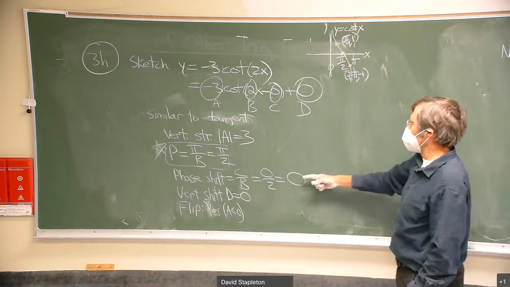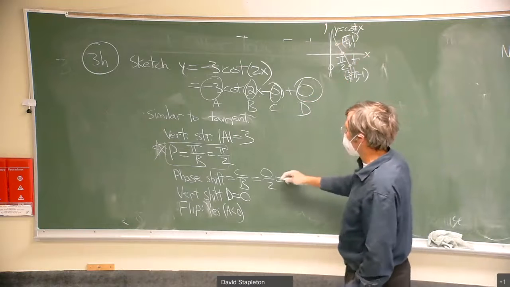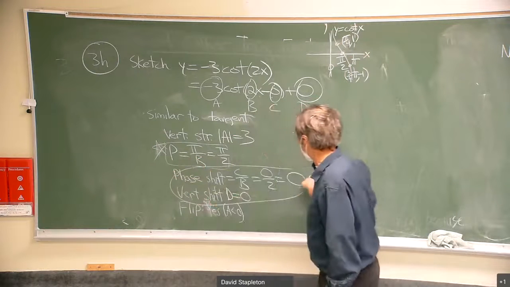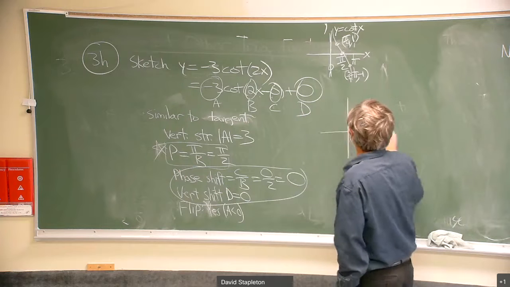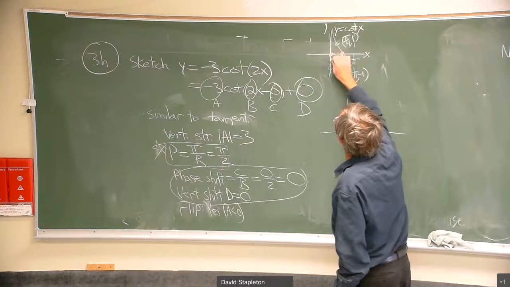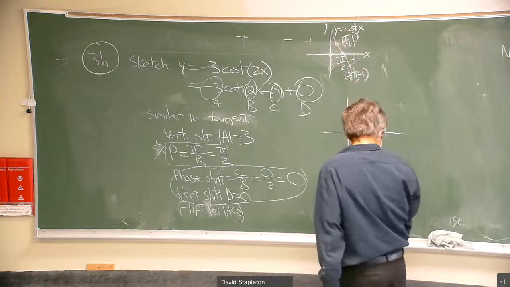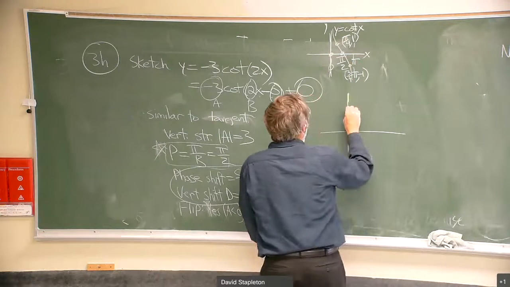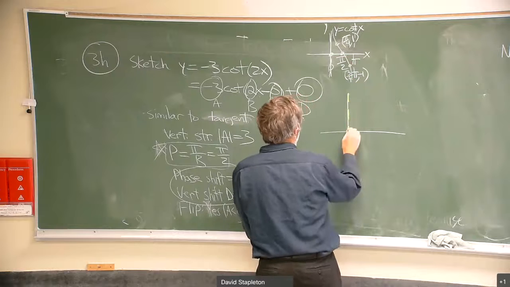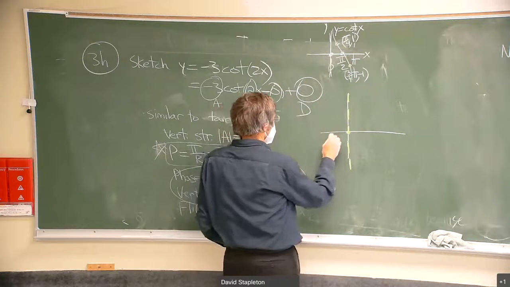Now we want to do this to it. We want to make the vertical stretch of 3, period, and so forth. Again, start with the shift point. Oh, it's 0, 0. So whatever was on the origin before stays on the origin. Well, an asymptote went through the origin for cotangent. One asymptote will go through the origin because the origin moves to the shift point, which is still 0, 0.